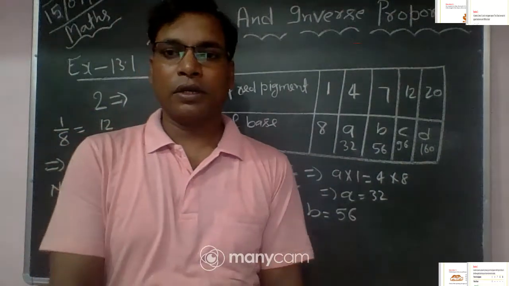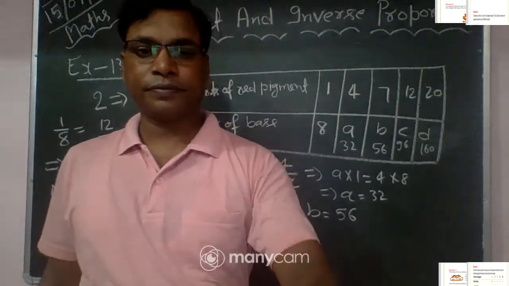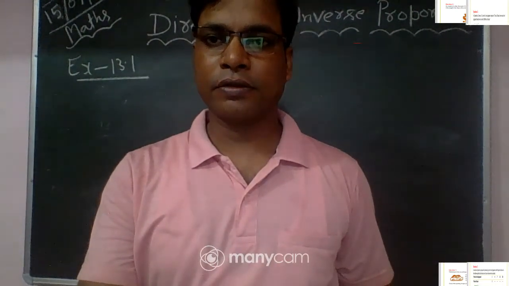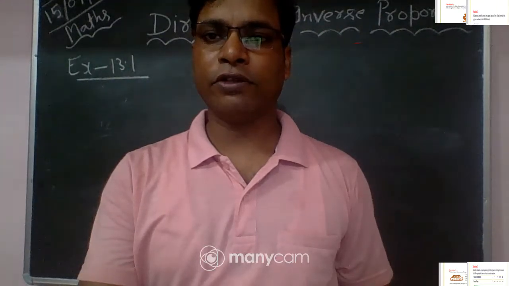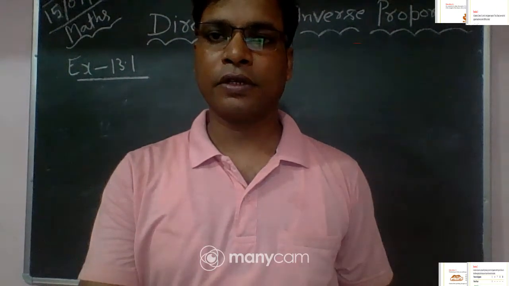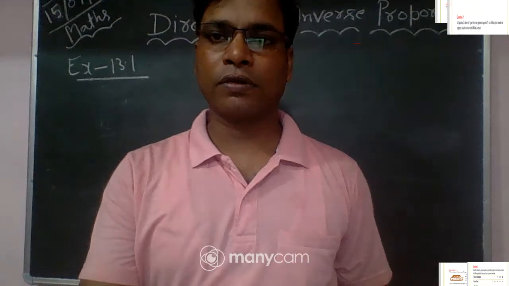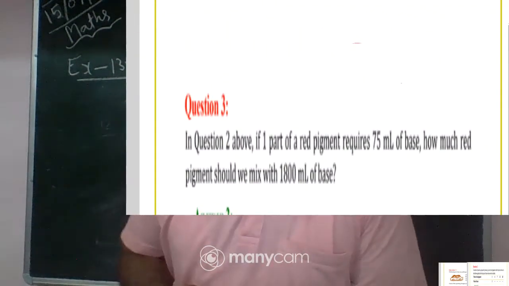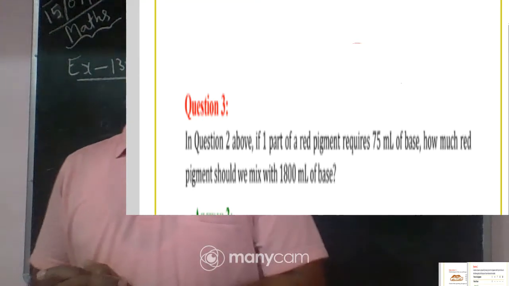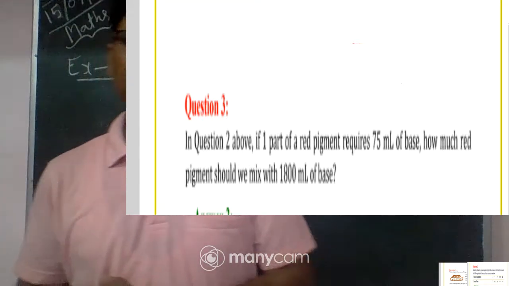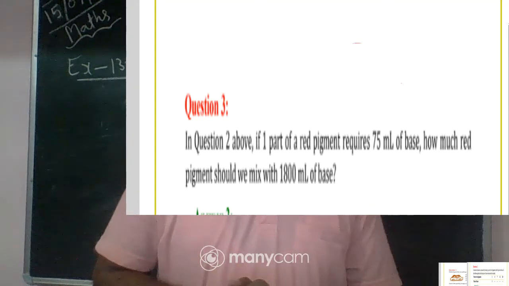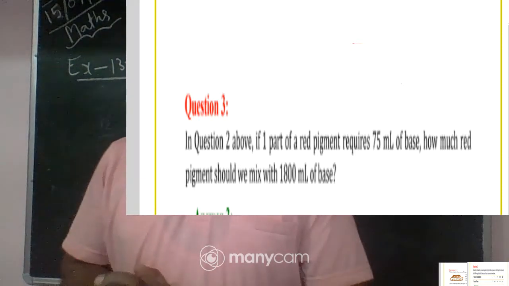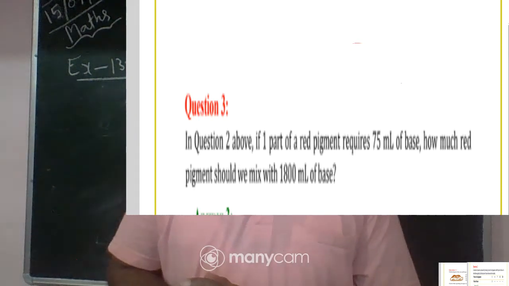Now next question. This is the third question. You can see on your screen. In question 2 above, if one part of red pigment requires 75 ml of base, how much red pigment should be mixed with 1800 ml?